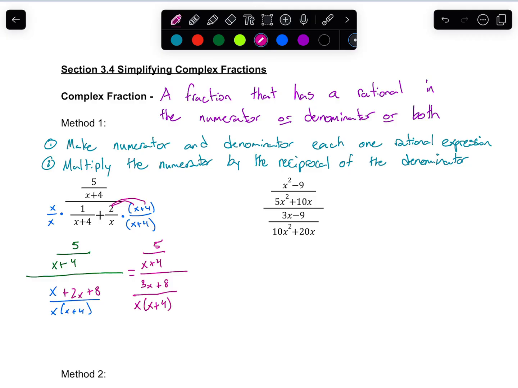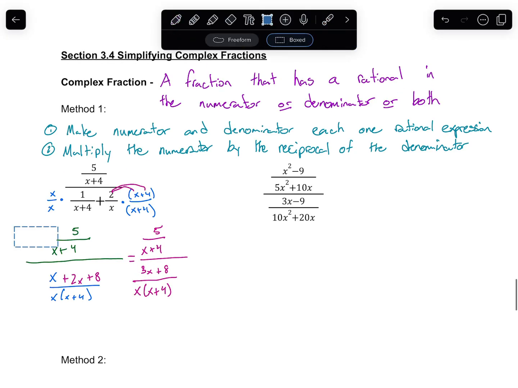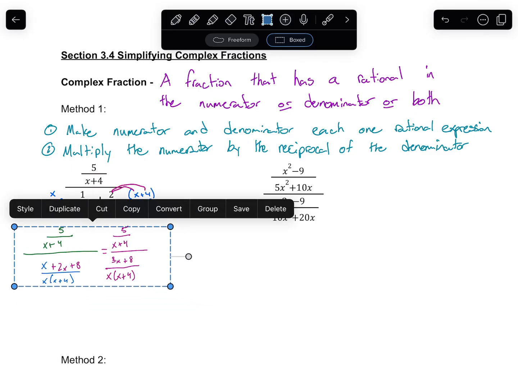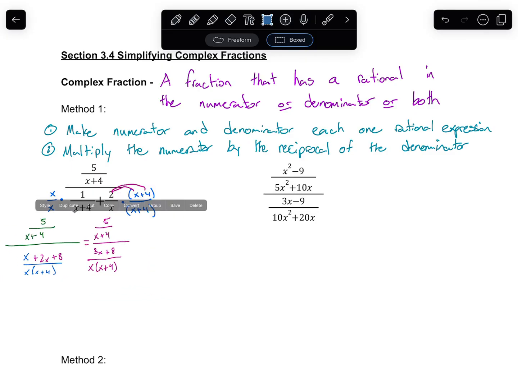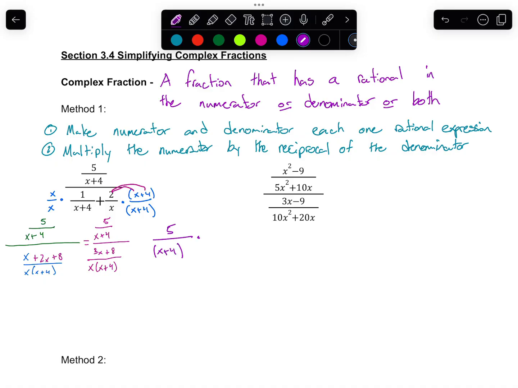So now that I have one single rational term in my numerator and in my denominator, I'm going to go ahead and multiply by the reciprocal. So I have 5 over x plus 4 times x times x plus 4 over 3x plus 8.